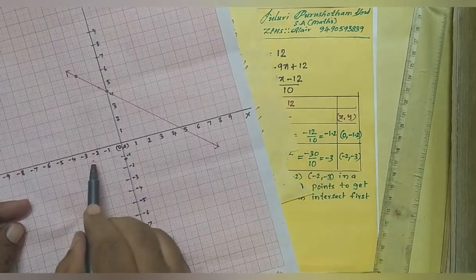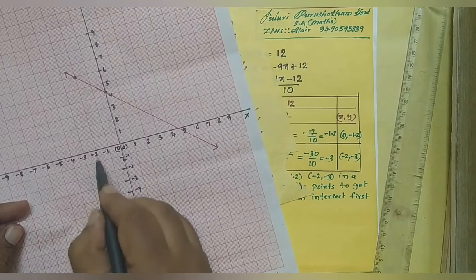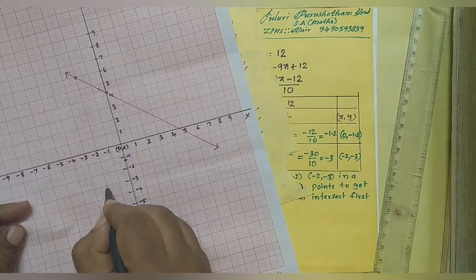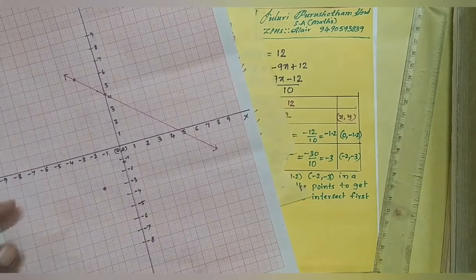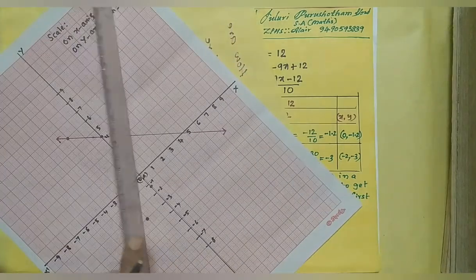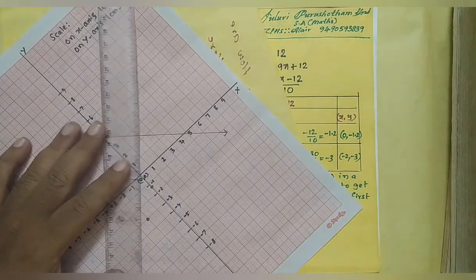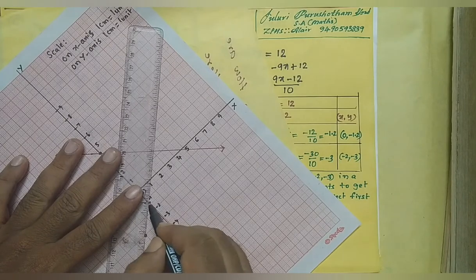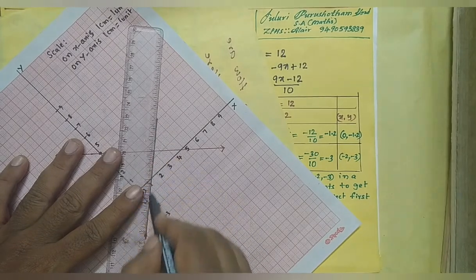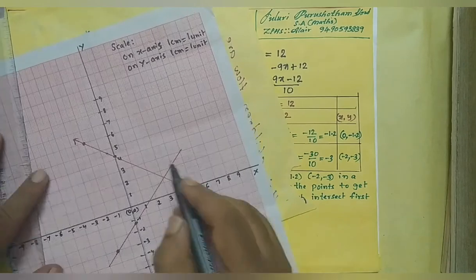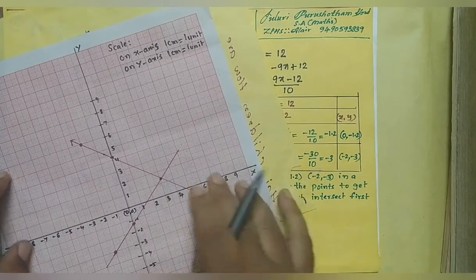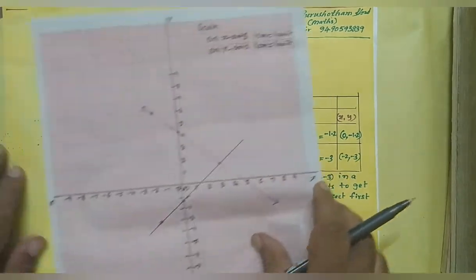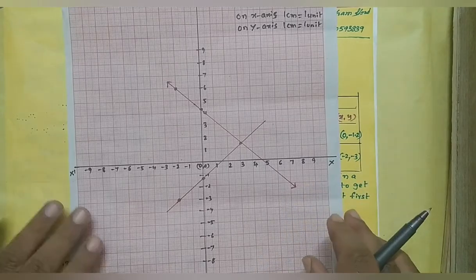On the x-axis minus 2, on the y-axis minus 3. Here is the point. I am joining these 2 points and also producing it. When I produce it, we get the point here. Is it clear?